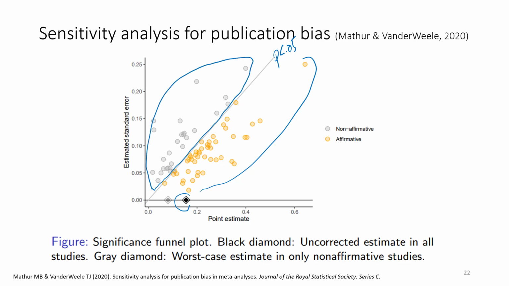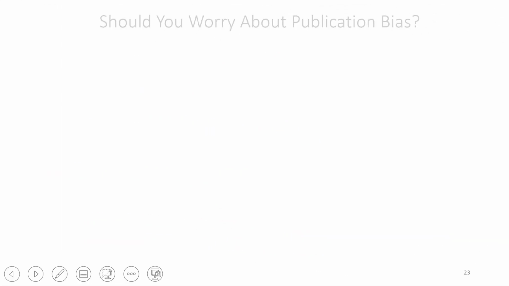These are null results, and average them, and you get this effect. You might imagine that as a worst case scenario for the effect of video games on violent behavior in this case. So it's literally a sensitivity analysis to see whether even in the non-significant results you get basically the same pattern as in the ones that affirmed it statistically. Again, software is out there to be able to do this, so you can do this.